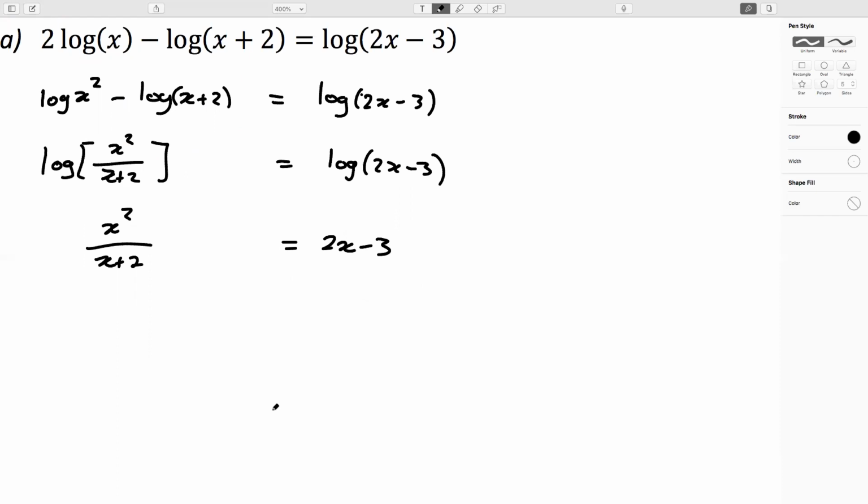Unfortunately, it's probably going to turn into a quadratic equation. So multiply by x plus 2, x squared equals x plus 2 times 2x minus 3. This will simplify into x squared equals 2x squared outer minus 3x plus 4x, so plus x minus 6.